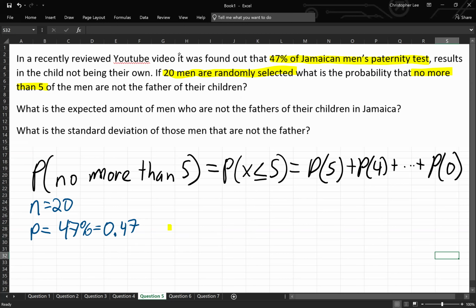And then my r, which is sometimes written as x, is going to be 5, 4, skip a few, all the way down to 0. All right?